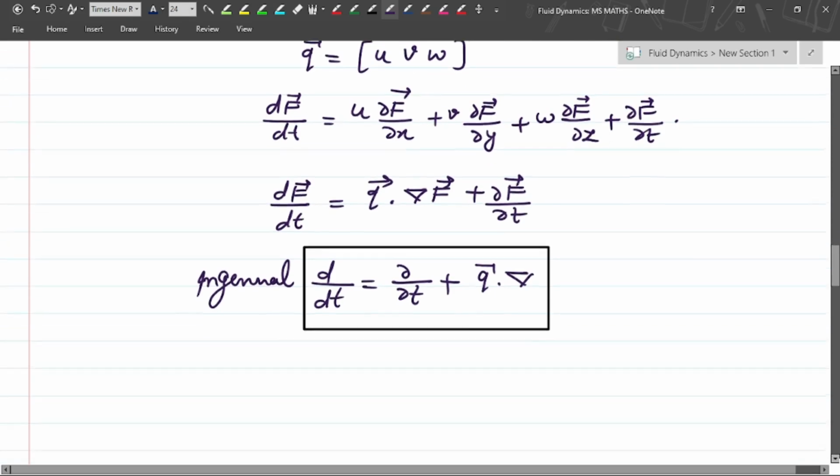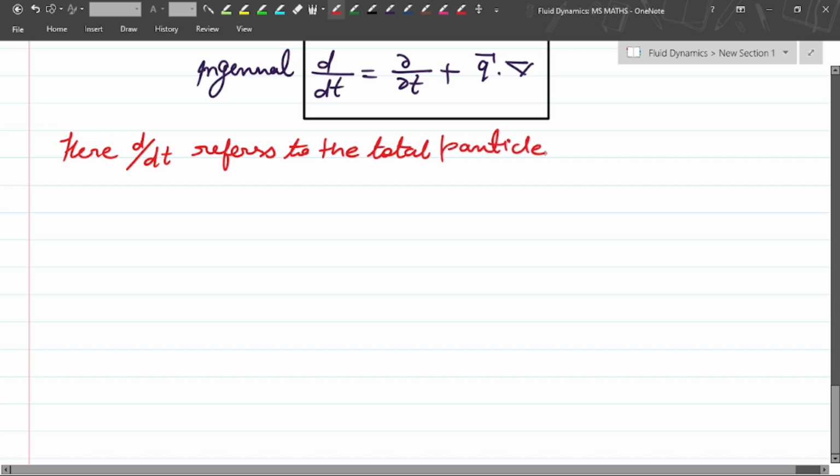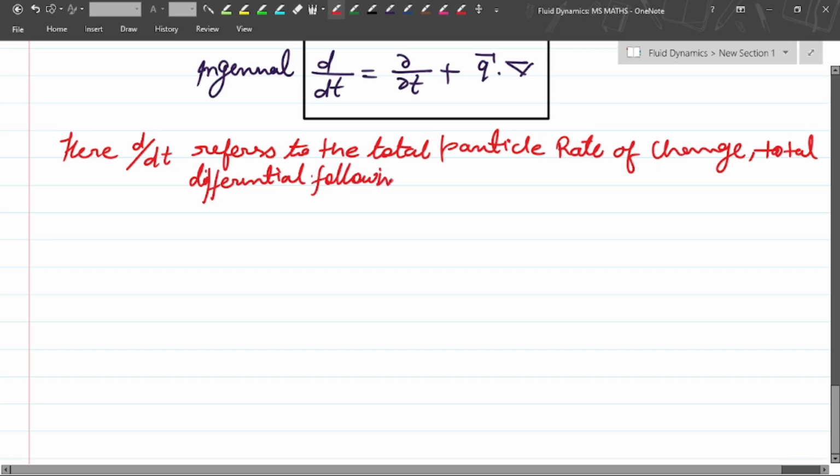Let's see. Here d by dt refers to the total particle rate of change, the total differential following the fluid.